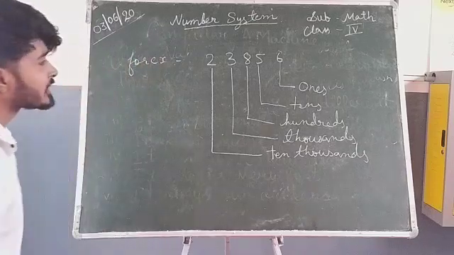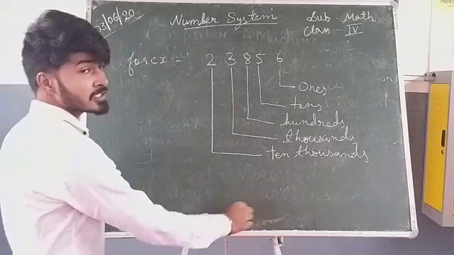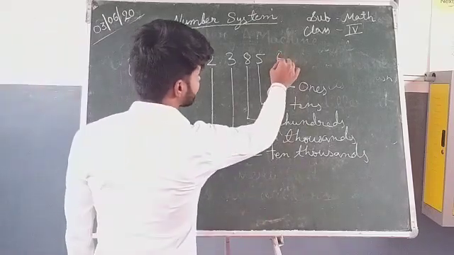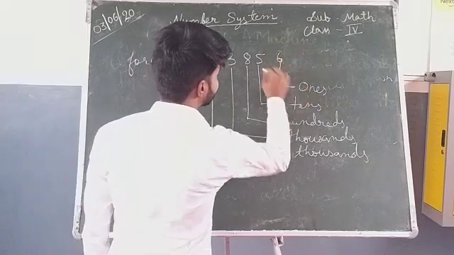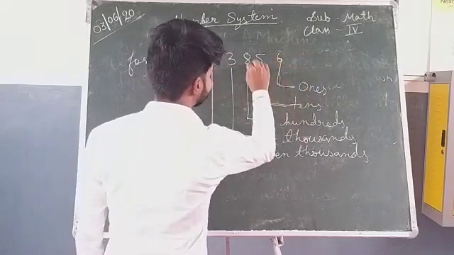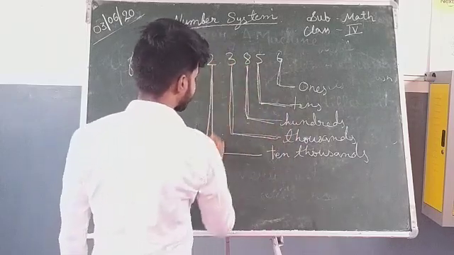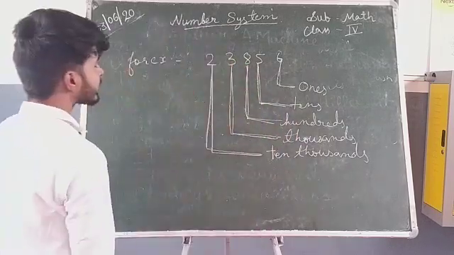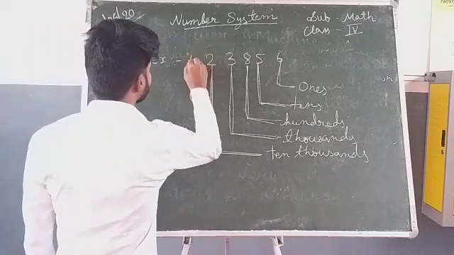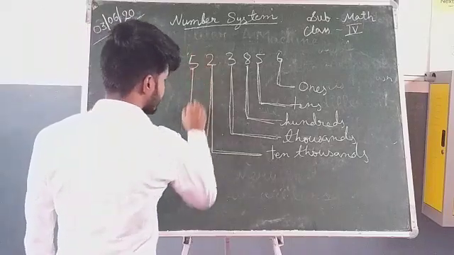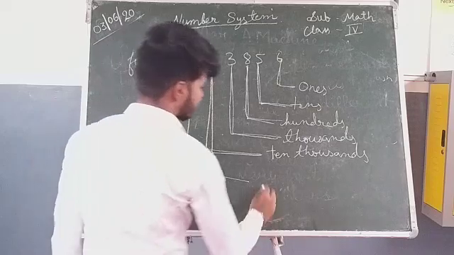So students, these are the positions of a number. Once more we will see. From the extreme right, 6 is known as ones place, then tens place, hundreds place, thousands place, 10,000 place. If we write more, then 5 again is known as lakhs.